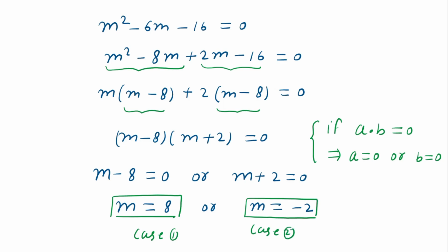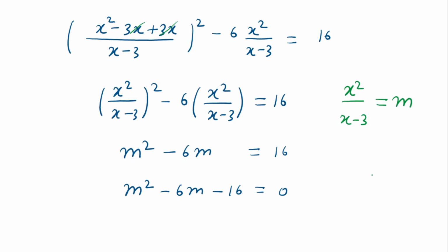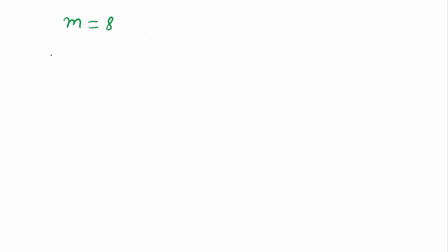Now first we will solve case first, and case first is m = 8, and we know that the value of m is x²/(x−3). So m is replaced by x²/(x−3), and this is equal to 8.